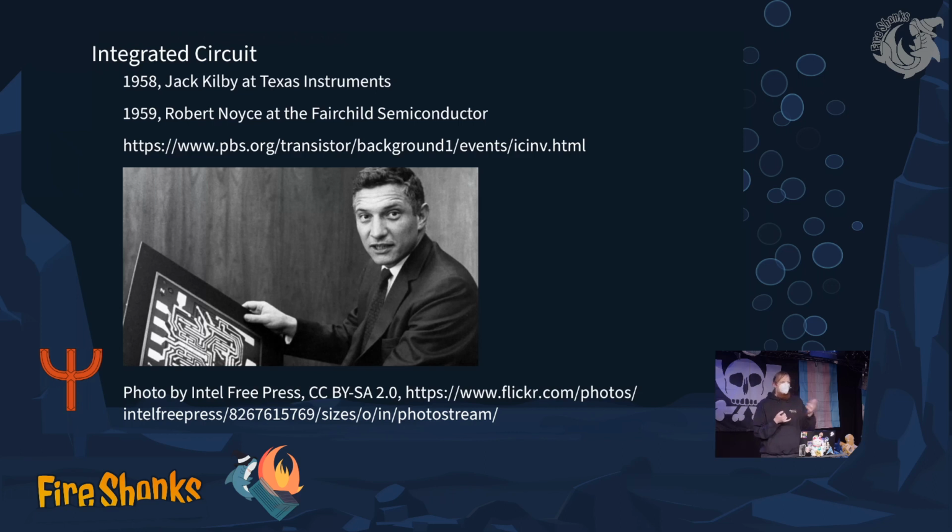And they are just like fingertip-sized little circuits. Not sure if that's just a picture of an IC or the actual real thing. But in parallel, and a little bit earlier, Jack Kilby had a similar idea, but it was not the exact same idea. The idea of Robert Noyce was more purposeful.